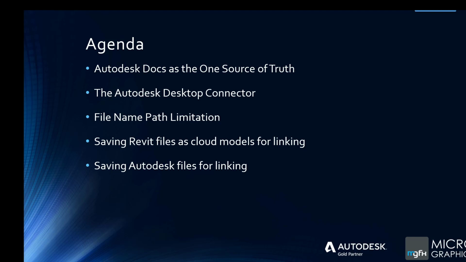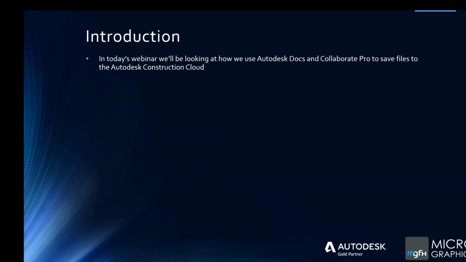We're going to pay specific attention to the file name path limitation, and then we're going to have a look at what and how we should manage Revit files as cloud models so that other people can link them in. And then lastly, also have a look at AutoCAD and Civil 3D. That's just as an introduction. We'll be looking at how we use Autodesk Docs and Collaborate Pro, which is another Autodesk software that operates on the cloud, to save files to the Autodesk Construction Cloud.